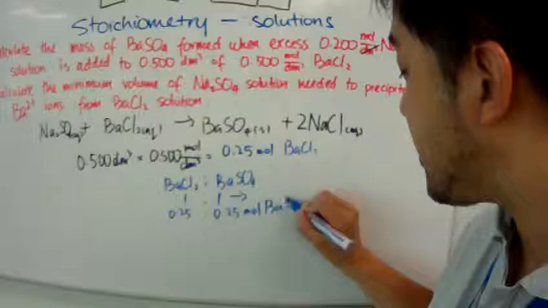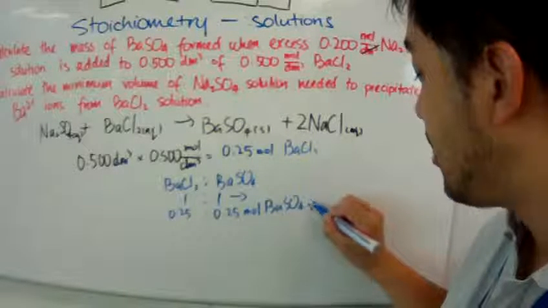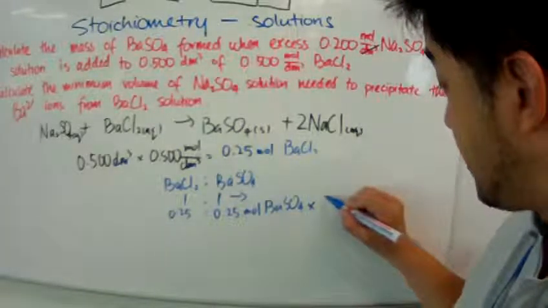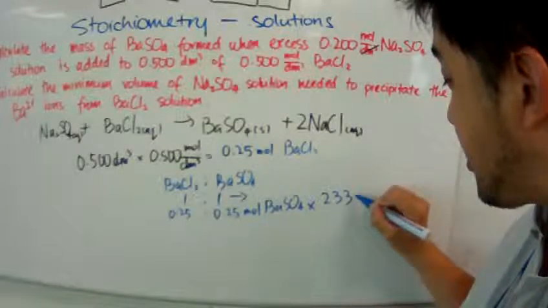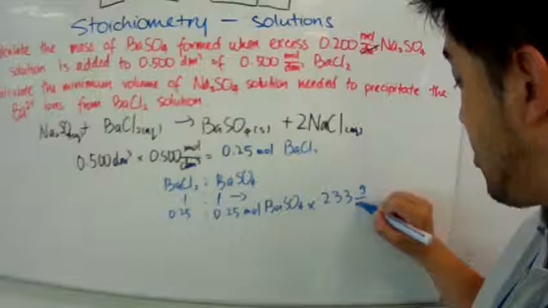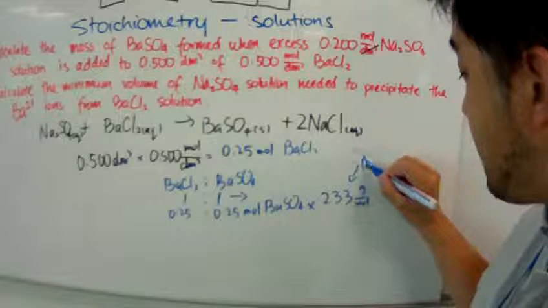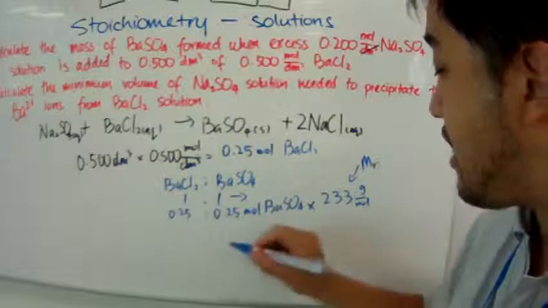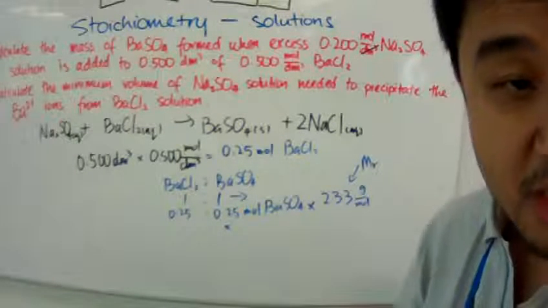And with that information, I can now multiply it by the molar mass, which is 233 grams per mole. That is the Mr, the relative mass of barium sulfate, and punch it into the calculator.